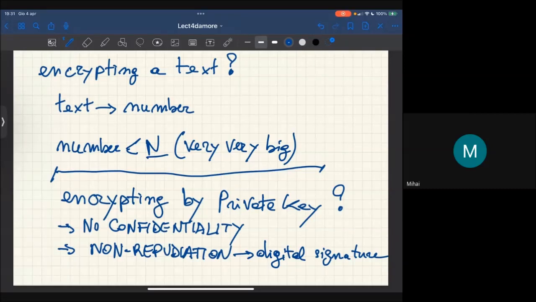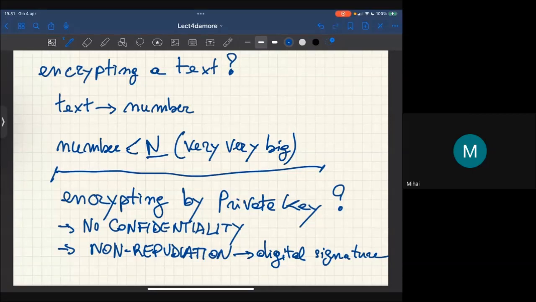If I share my private key, it is true that other people can use it, but the key is compromised. So the non-repudiation is lost. Okay? So unless the private key is compromised, you have the non-repudiation.